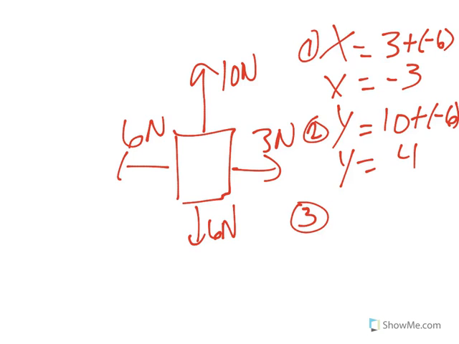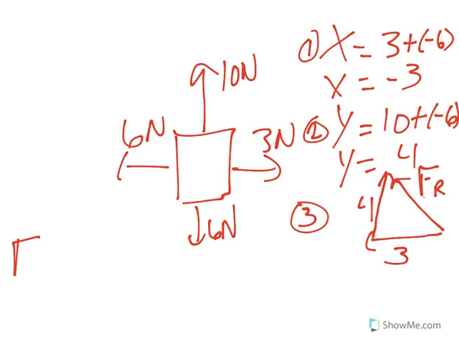So we've done our first step, we've done our second step. Third step is to redraw. So we're going to redraw it and go x first. So we go back 3 and then up 4, and now we have our resultant force here. And so our resultant force would be the Pythagorean theorem.